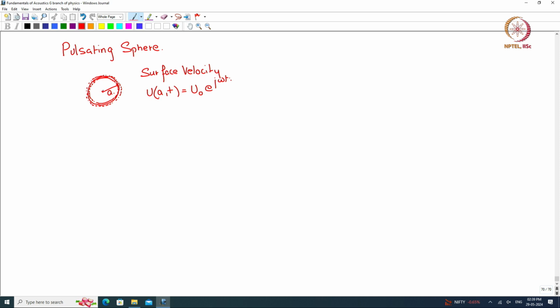So, this sphere uniformly increases in its radius and decreases in, so it is called a pulsating sphere. It is a very standard problem in acoustics, and it is one of the simple models for a speaker, for an acoustic speaker.